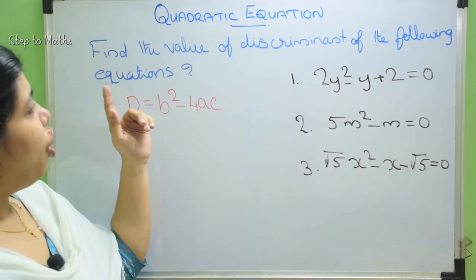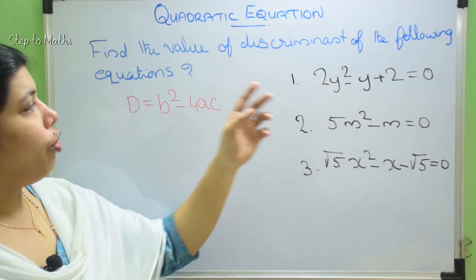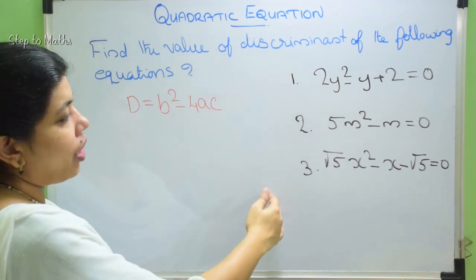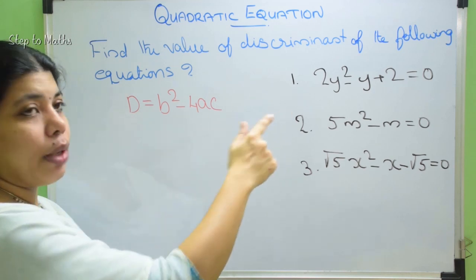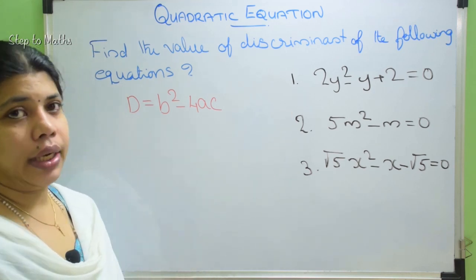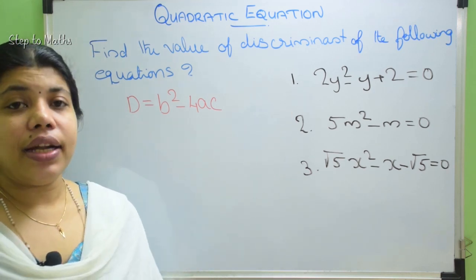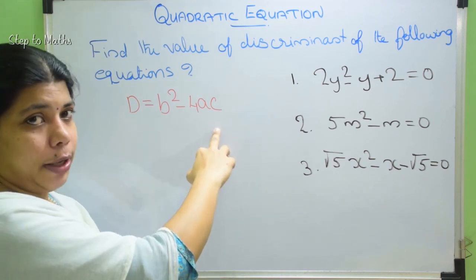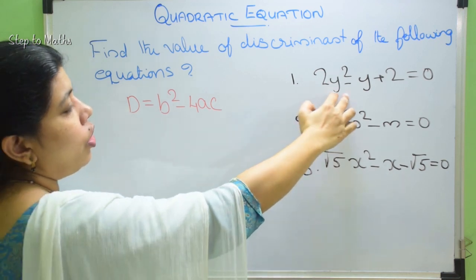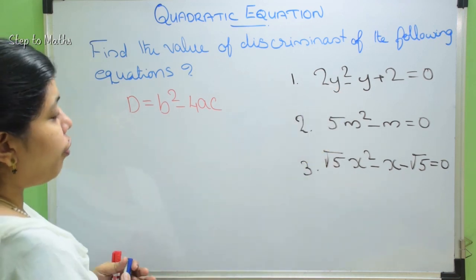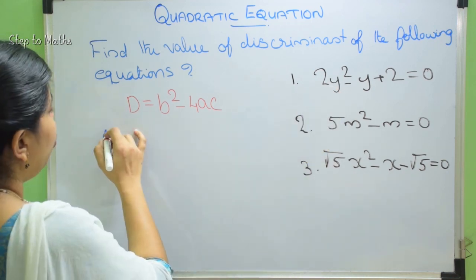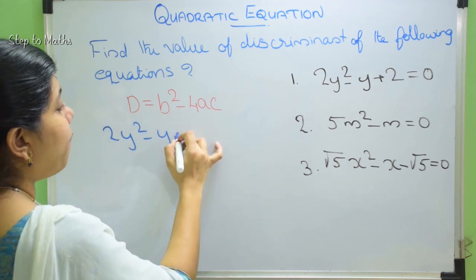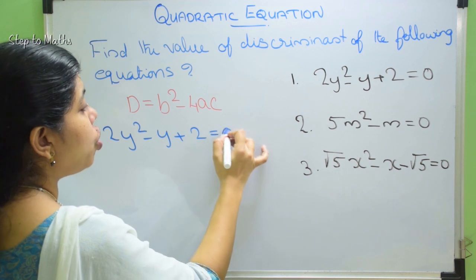Next question. Find the value of the discriminant of the following equations. 3 equations are given. Find the discriminant of each equation. We know that discriminant D equal to b square minus 4ac. Consider the first equation, 2y square minus y plus 2 equal to 0.